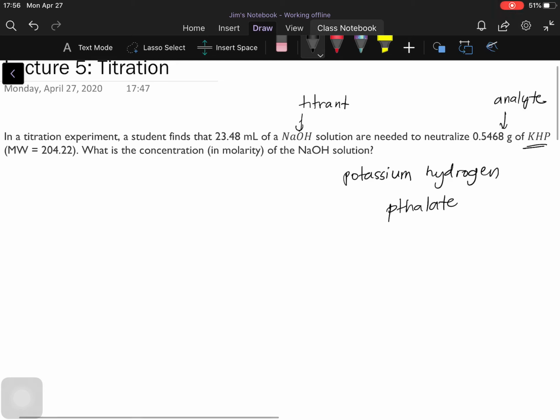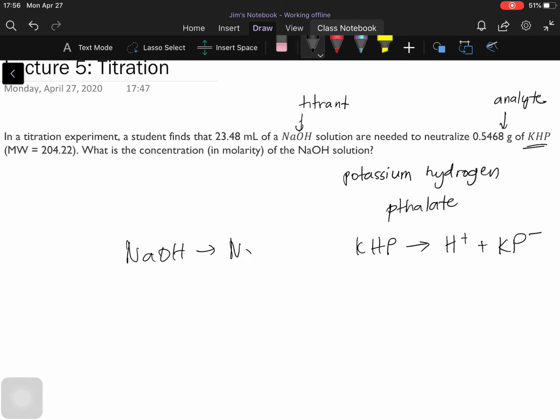So the reaction for KHP will be KHP producing H+ and the KP anion. For sodium hydroxide, that is sodium and hydroxide ions. What we're going to do is combine the two equations into a general chemical equation.